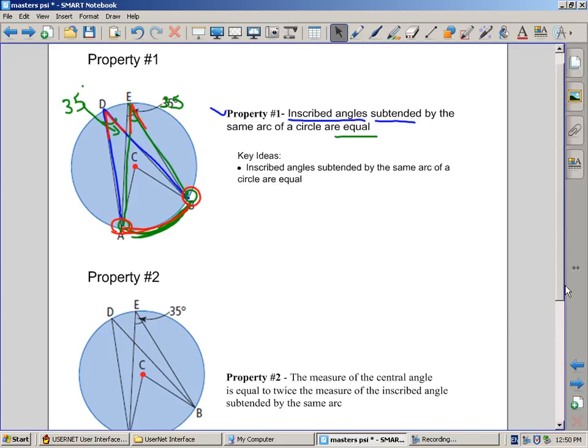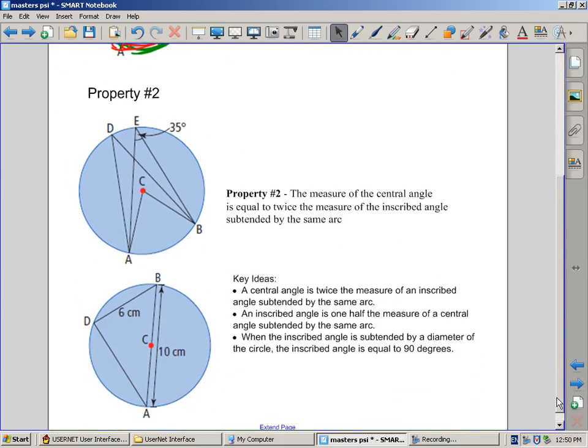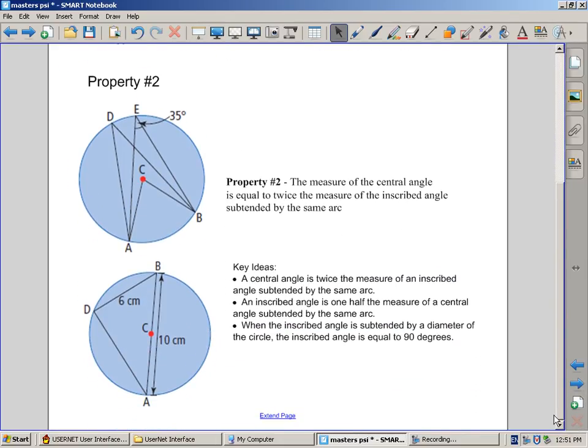Let's take a look at property number 2. Again, we're dealing with inscribed angles, but we're going to add a central angle to that. Property number 2 states that the measure of a central angle is equal to twice the measure of the inscribed angle subtended by the same arc.